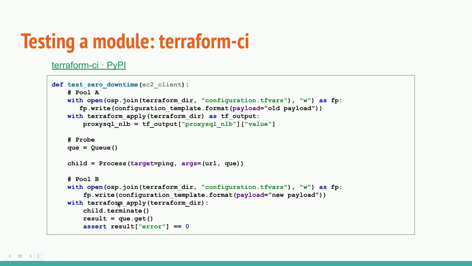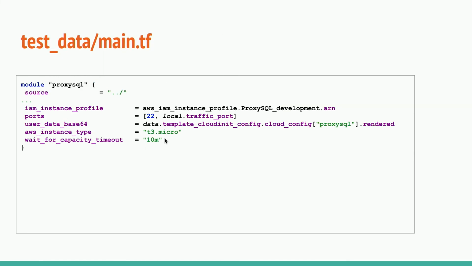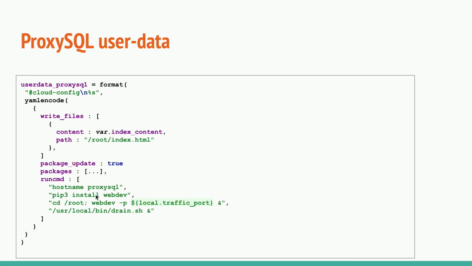So in this directory, terraform dir, I actually use my module. So this is how it looks like. I create some basic, simple ProxySQL pool on a smaller instance. I specify user data, and the user data actually installs a web server and serves this file, index.html.